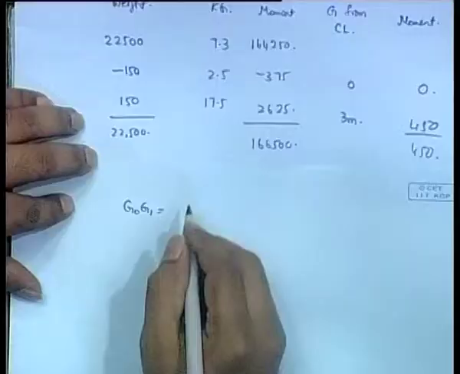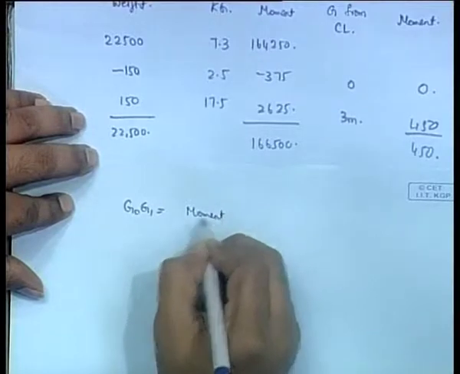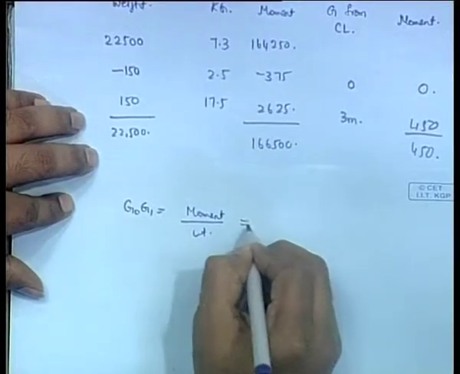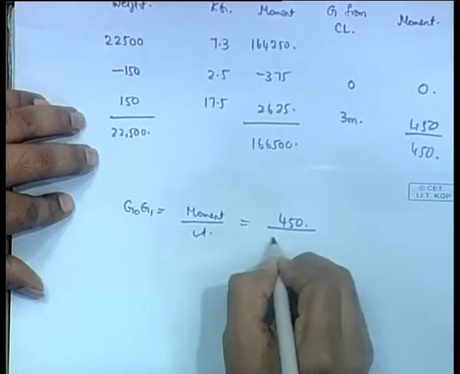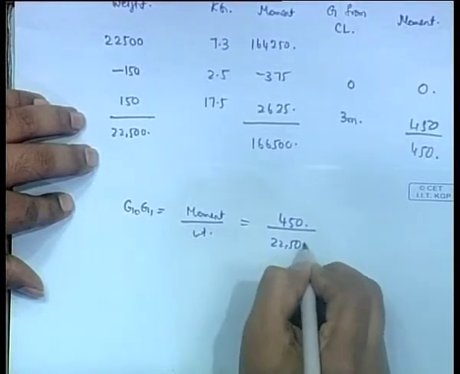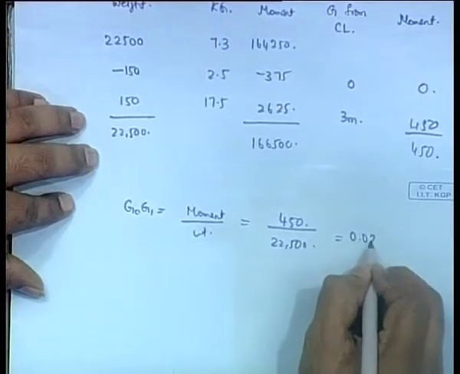So, G0 G1 is equal to the moment divided by weight of the whole ship, that will be 450 divided by 22,500, that gives you 0.02 meters.